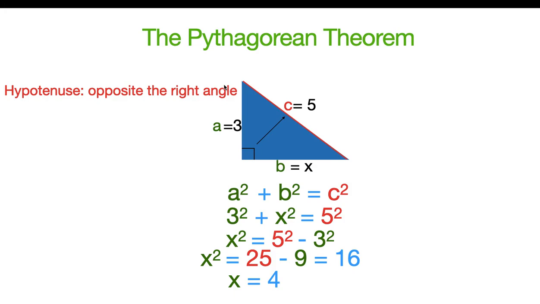And 3, 4, 5 triangles all have one leg equal to 3, one leg equal to 4, and the hypotenuse equal to 5. So that's how you can figure out the unknown side, with just the two other sides known, using the Pythagorean Theorem.